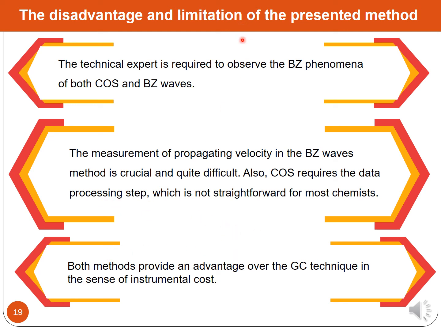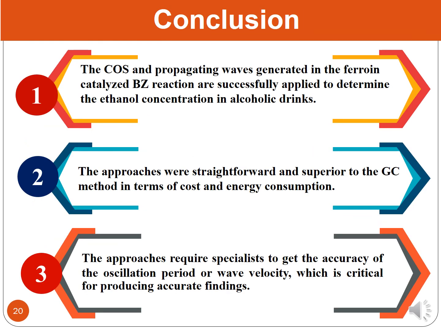However, both methods, BZ wave and COS, provide an advantage over the GC technique in terms of instrumental cost. Thus, I can conclude that the COS and propagating wave generated in the ferroin-catalyzed BZ reaction were successfully applied to determine ethanol concentration in alcoholic drinks.